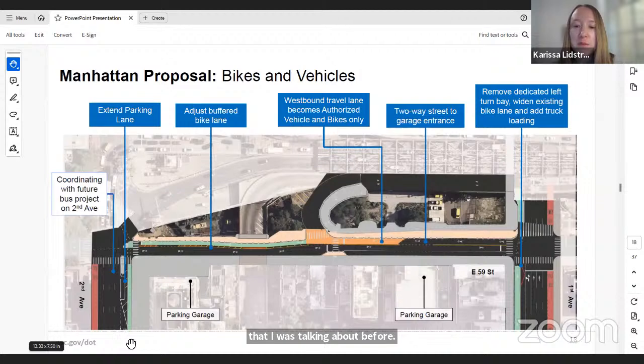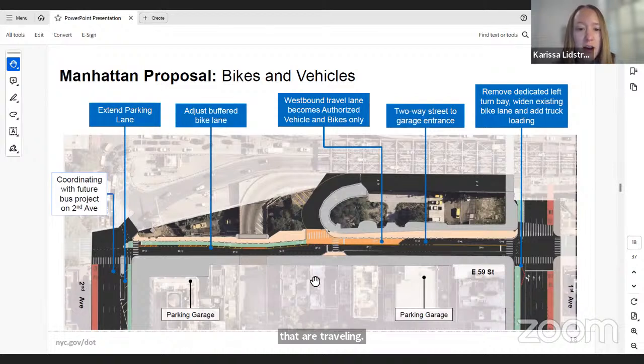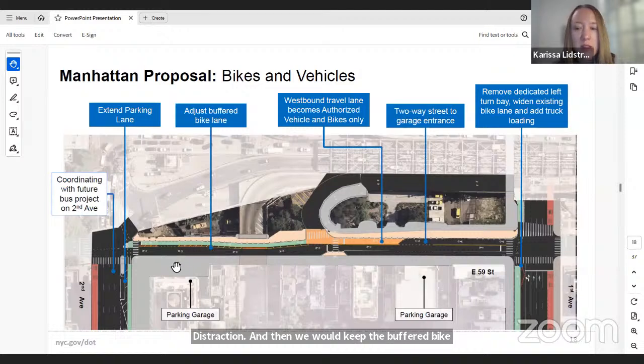This is really only going to be a space that's shared between authorized vehicles, like DOT vehicles, and bikes that are traveling this direction. And then we would keep the buffered bike lane but add some components for protection and delineation between the travel lane and the bike lane.